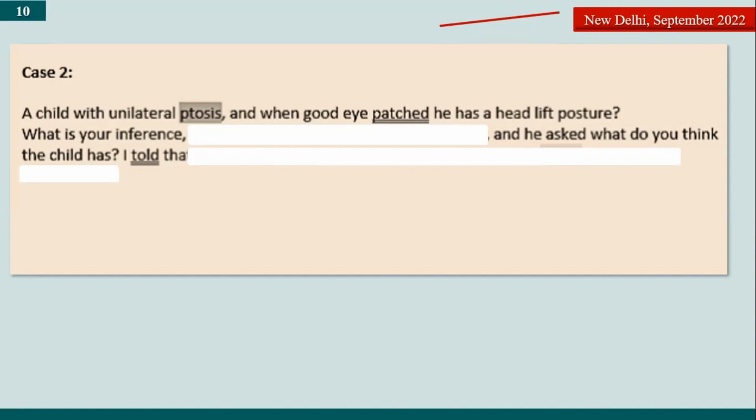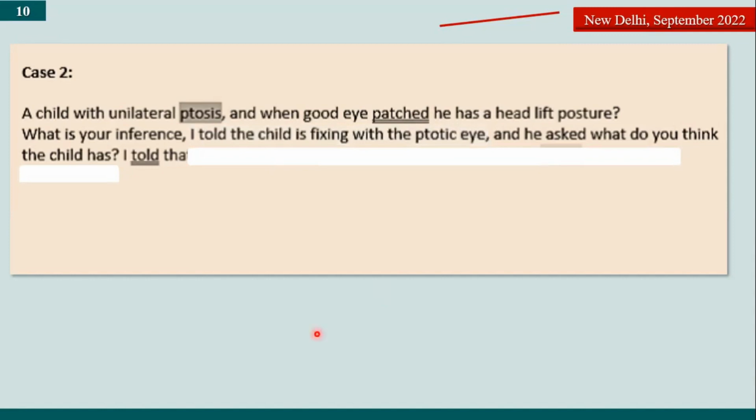What does this mean? That means he's dependent on the other eye for seeing, and he didn't have amblyopia, or maybe he has mild amblyopia, so that he's fixating with the ptotic eye. This is maybe moderate to severe ptosis, so he acquires this position to see.